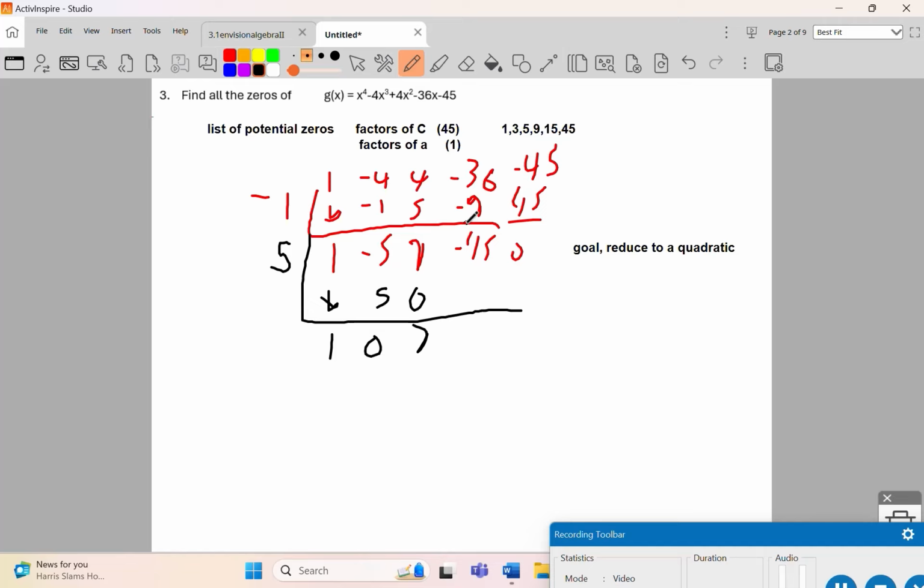Oh, that's a 9, isn't it? That was a 9. 9, there we go. 5 times 9 is 45, and there's my 0.